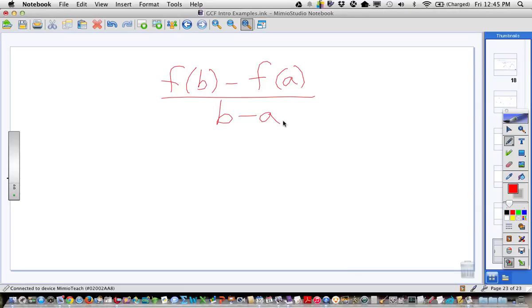And this is how we're going to write it. All right? This is slope between 2 points. One of the points is (a, f(a)), and one of the points is (b, f(b)).